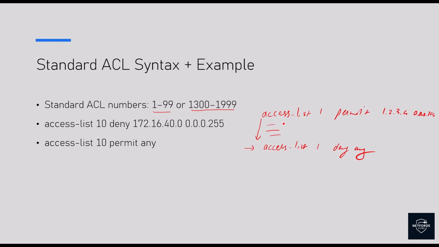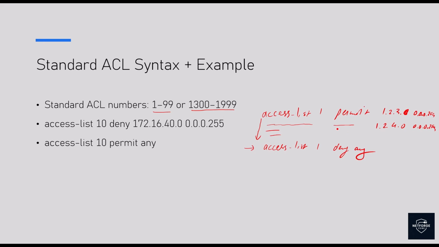Okay, so the second line could be, for example, access list 1 permit some other network. Let's say access list 1 permit 1.2.4.0, wildcard 0.0.0.255, and then I'm just going to add another one.